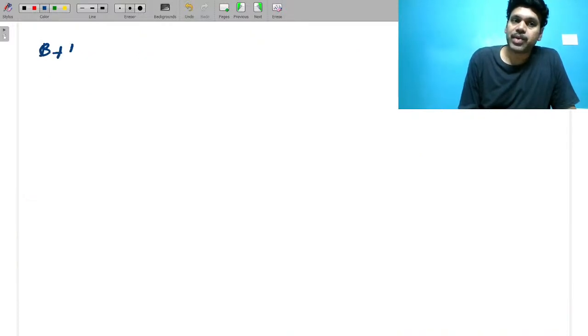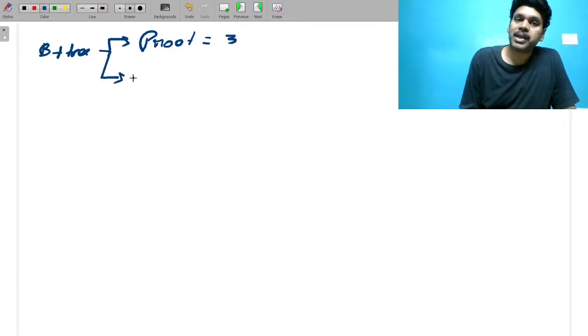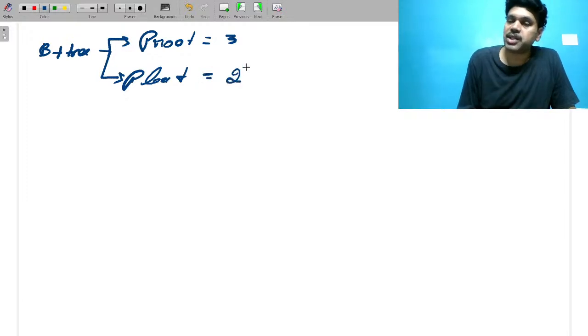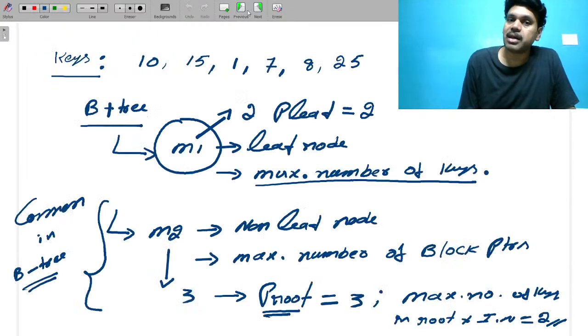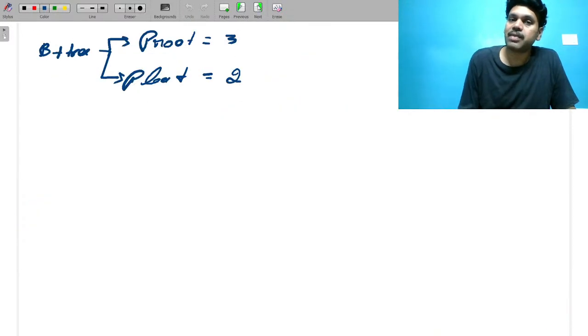In this B plus tree, two orders are mentioned: P root is equal to 3 and P leaf is equal to 2. You have splits and all the same rules as in a B tree. The keys are 10, 15, 1, 7, 8, 25.